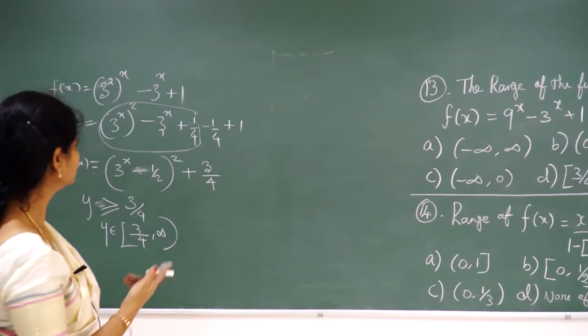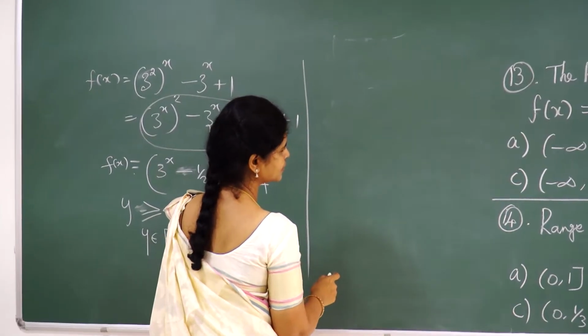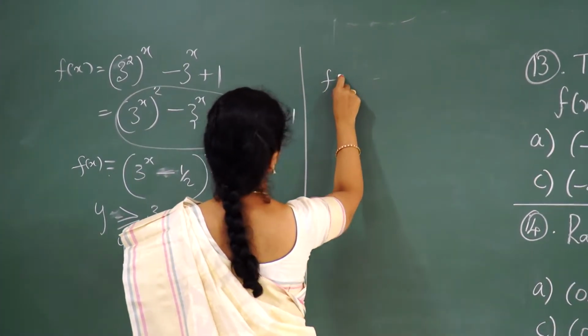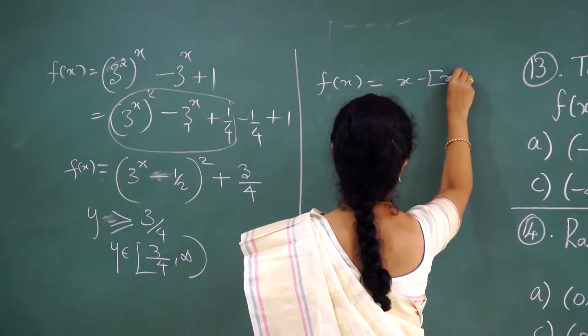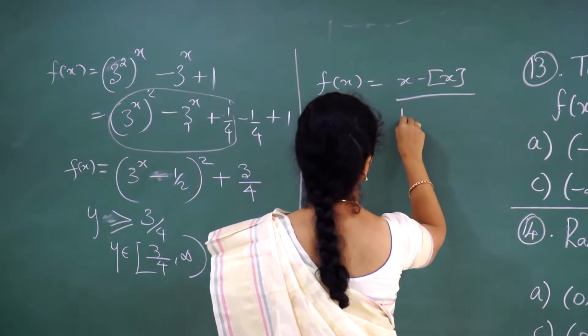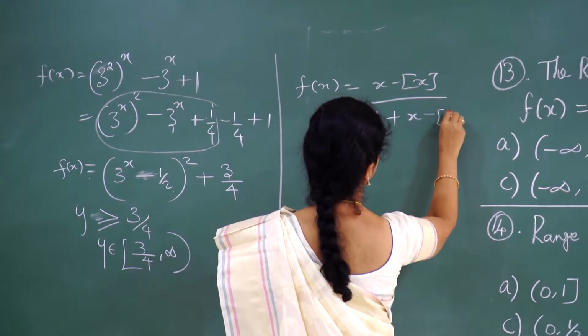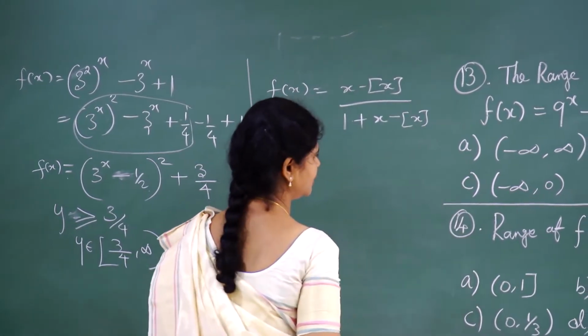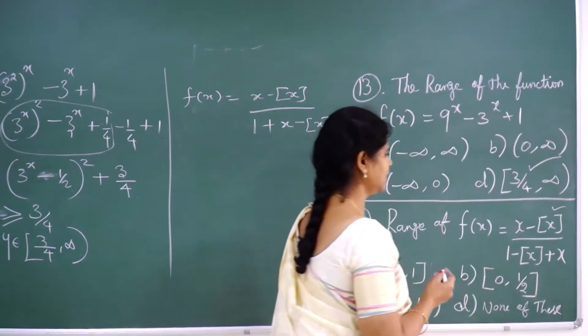So next problem, we have to find the range of the second function. The range of the second function is f of x equal to x minus greatest integer divided by 1 plus x. The greatest integer function is the integer value which is less than or equal to x.